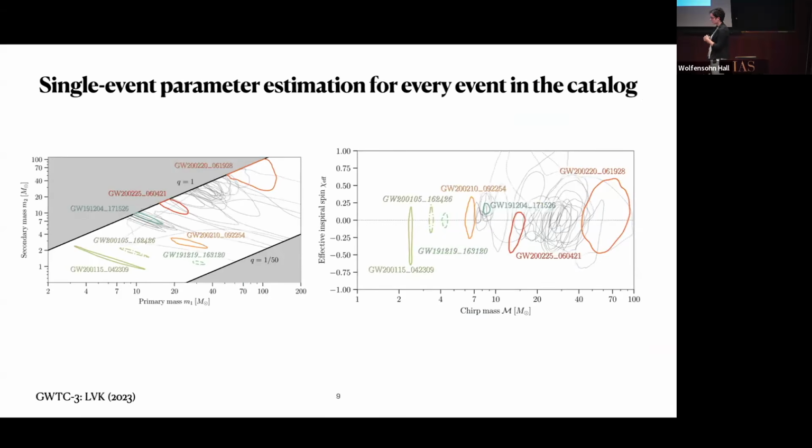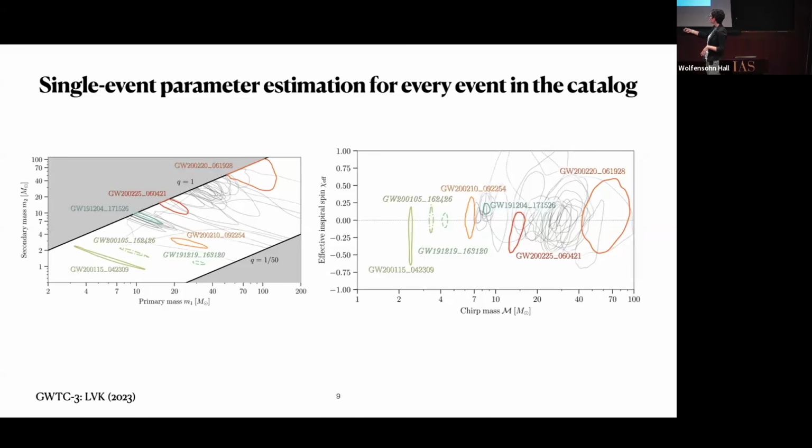Okay, so now we can switch gears to talk about the case of all of the events in a catalog. And so the first step that you would do for a population inference is you still need to know what the properties are of each event individually. And so you start with single event parameter estimation. That's just what is shown here for some subset of events, right?